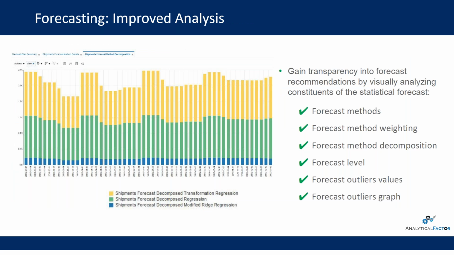The last thing I'm going to talk about from ODMC as a focused improvement is improved analysis. One of the biggest complaints about the on-premise engines throughout the years is that they're too much of a black box. We get a forecast, it looks good, it looks bad, but I don't understand what the system is doing.